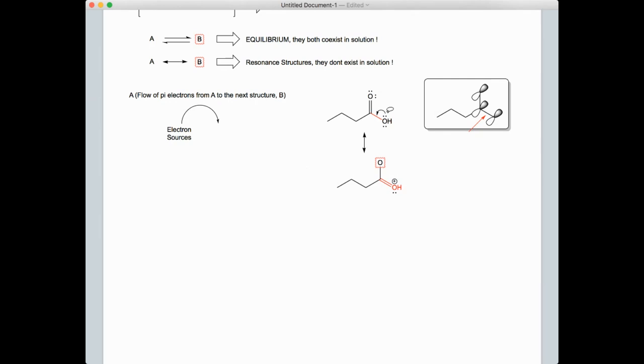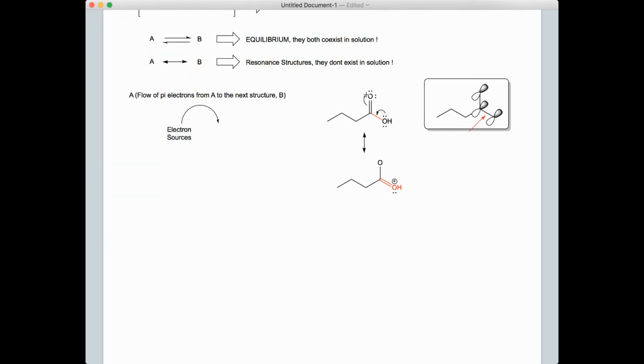So once again, I'm showing the flow of these 2 electrons, which are in a p orbital over here, to form a pi bond to account for this interaction here that is missing. If I do that, obviously this carbon cannot have 5 bonds, so I need to break a bond here, which is going to be the pi bond, because we are showing here the flow of pi electrons.